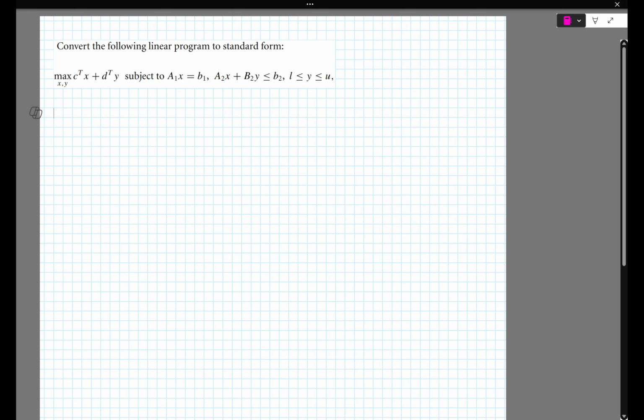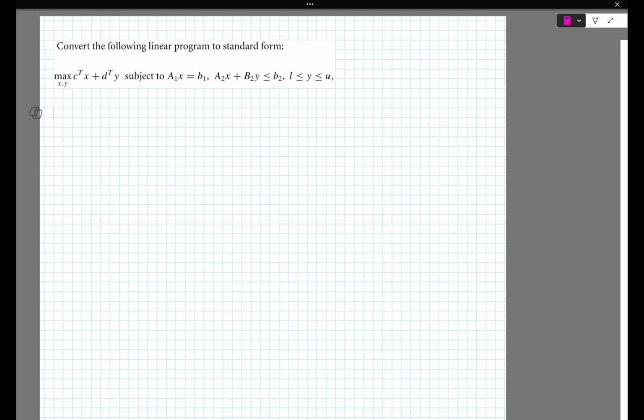So the first step in solving the simplex is writing your LP in the standard form. So this question is basically asking you to write this given linear program in the standard form.